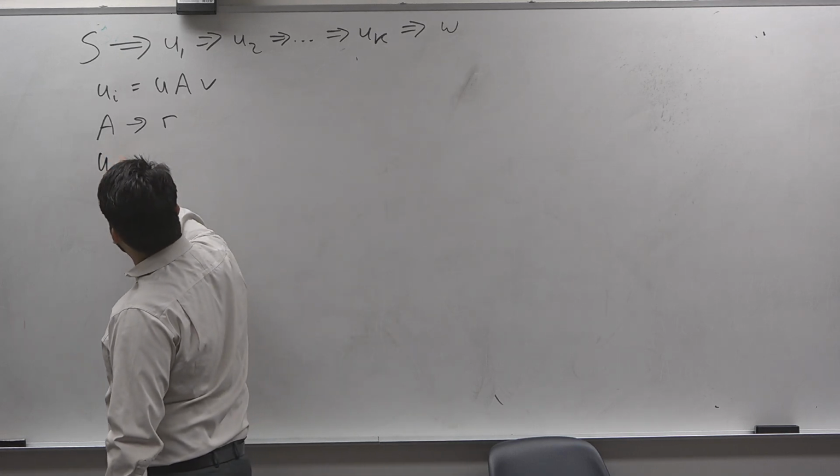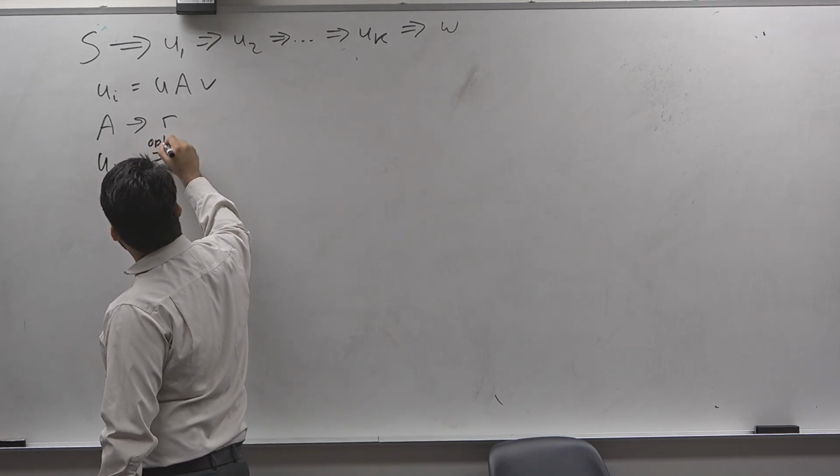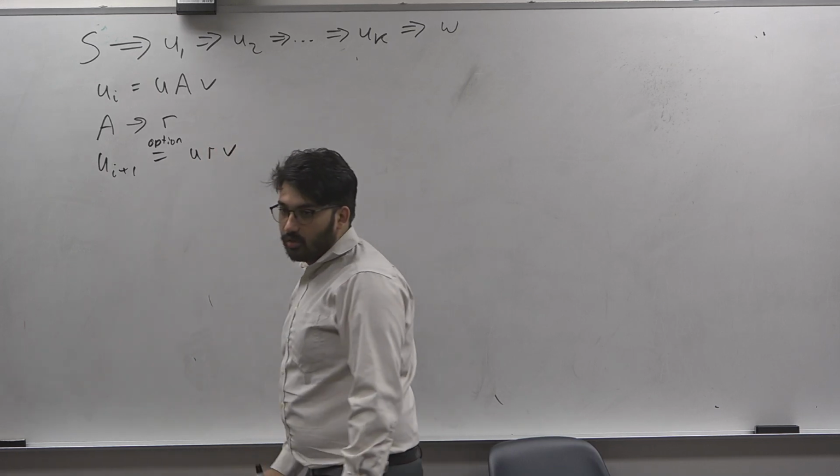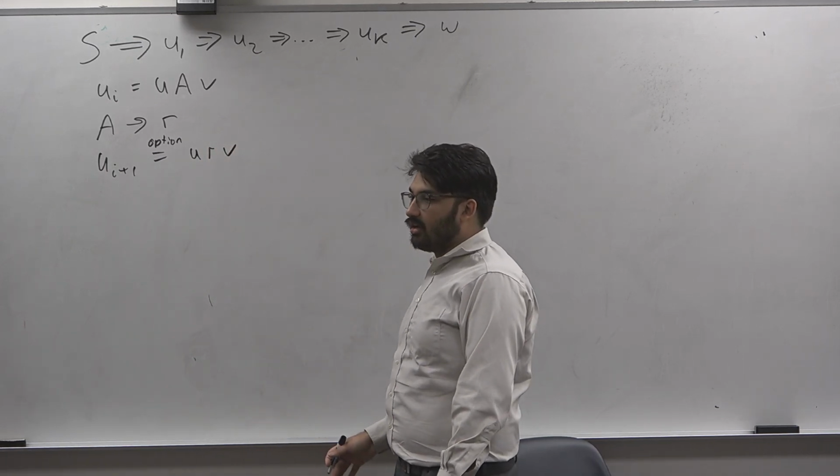So that means UI plus 1 is URV, where R perhaps could be some sequence of symbols.